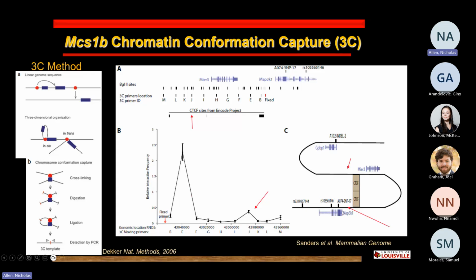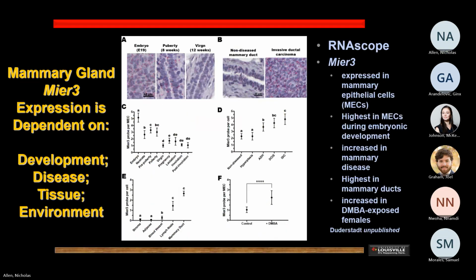They're definitely close enough to be regulating MAP3K1, but they could also be close enough where they can have an effect on the transcription of this MIR3 gene. Okay? So like I said, the MAP3K1 is pretty well established as a breast cancer gene, whereas not much is known about MIR3, so we're kind of focusing there.